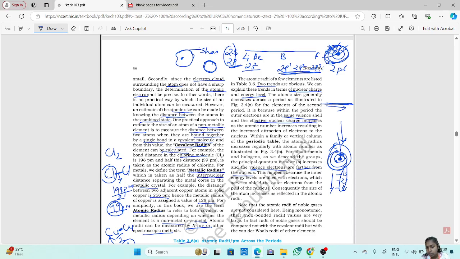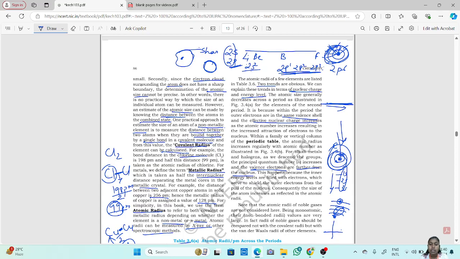If this is the nucleus, these are the shells, this is the outermost shell, and here I have one electron, but all these three shells also have electrons in them. These electrons will shield the outermost electron from the nucleus, so it won't be pulled towards the nucleus. Hence the size is bigger than the elements in a period. In a period it decreases, but as we go down the group it increases.